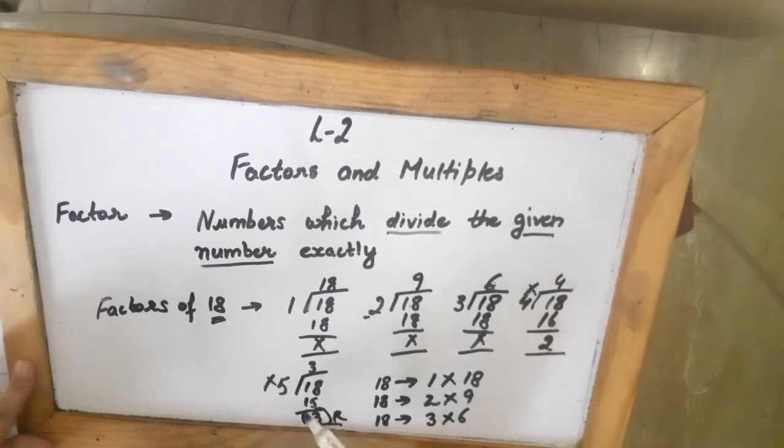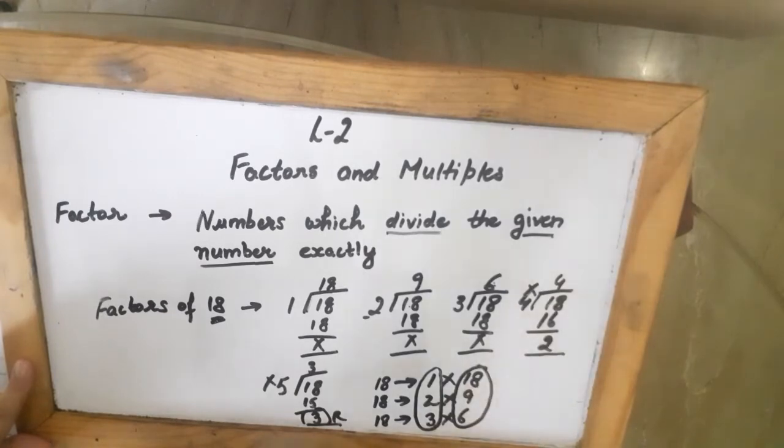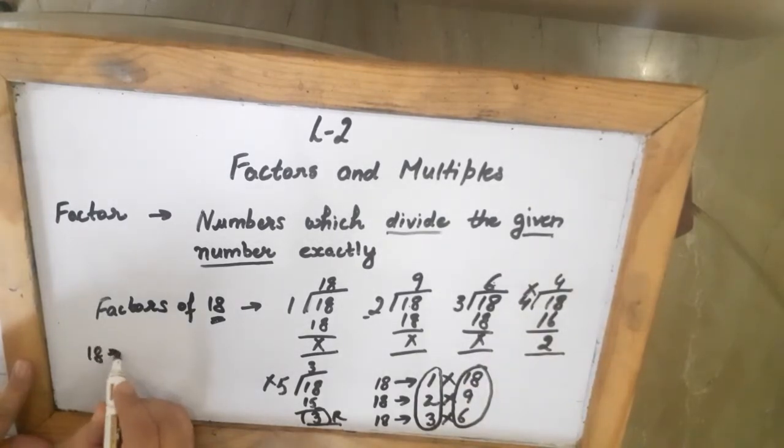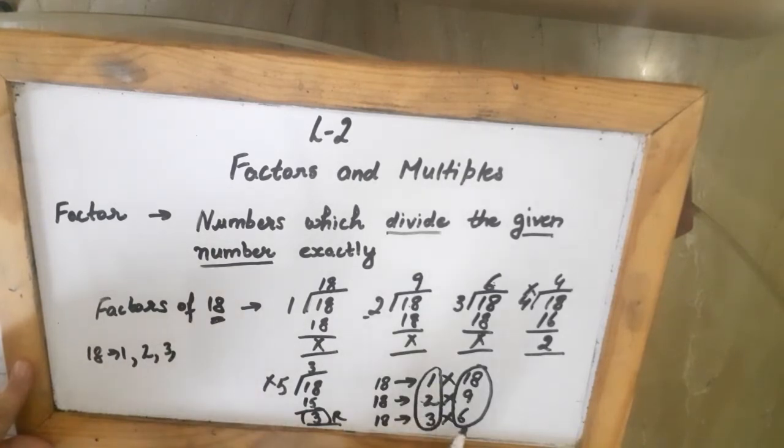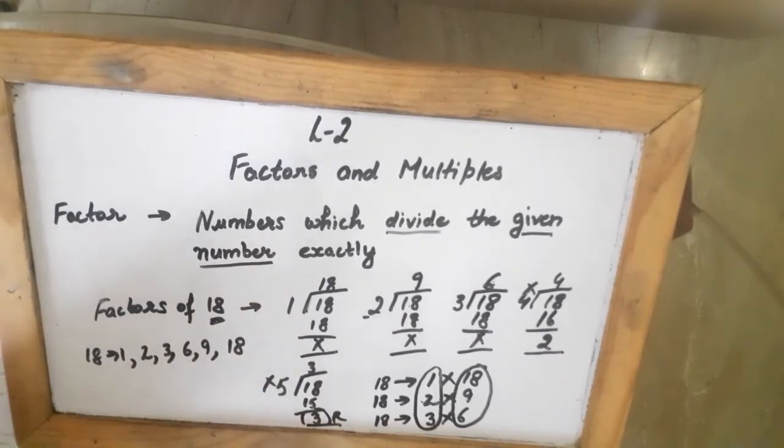Now 4 and 5 do not divide it exactly. After 5 comes 6, but I already have 6 over here. So these numbers which divide 18 exactly are the factors of 18. So what are the factors of 18? 1, 2, 3, 6, 9 and 18. All these numbers divide 18 exactly.